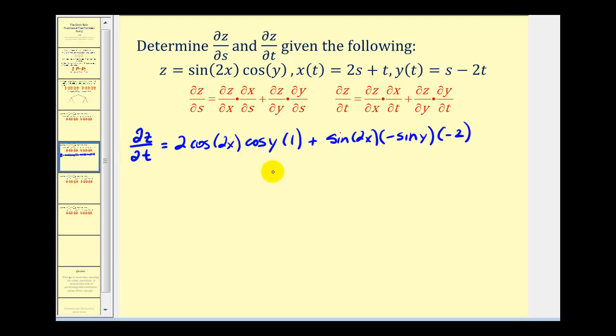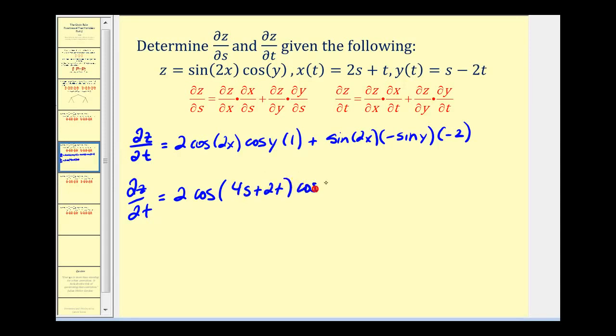Let's go ahead and rewrite this and also replace x with 2s plus t and y with s minus 2t. So here we'll have 2 times cosine 2x. Well, if x is 2s plus t, 2x will be 4s plus 2t.